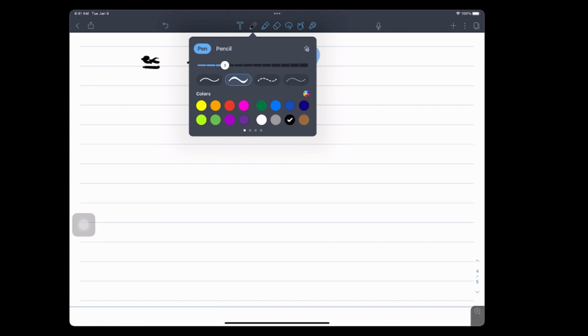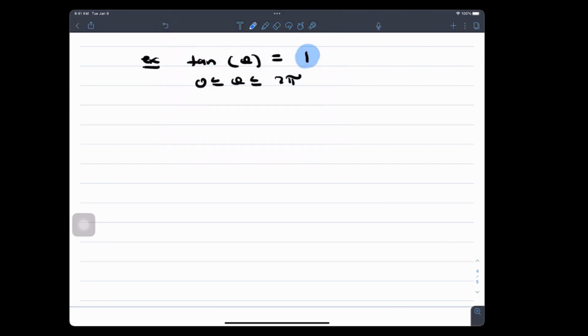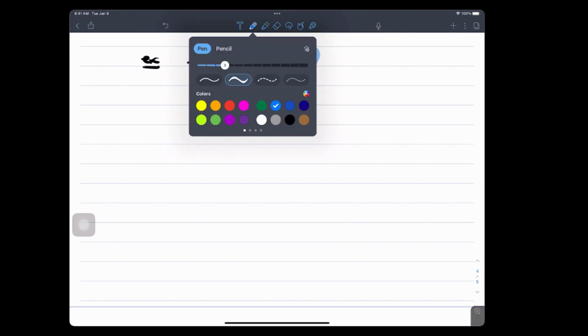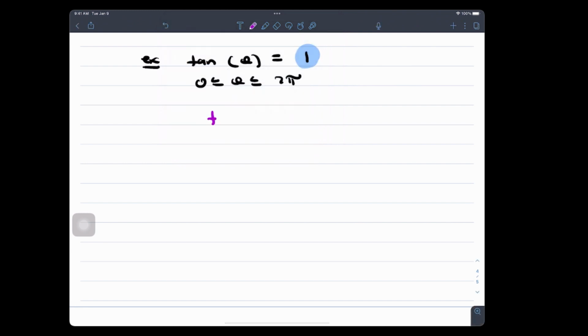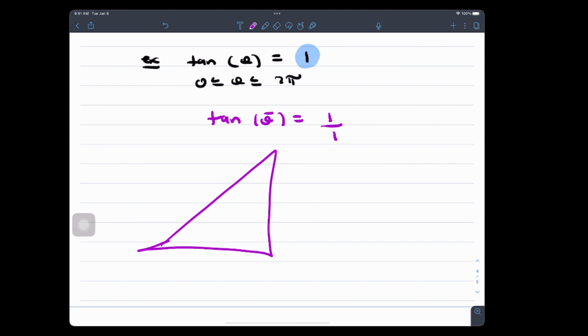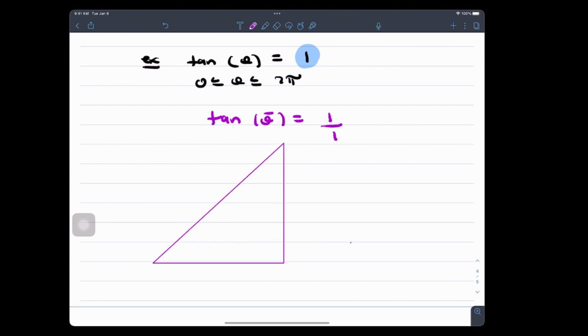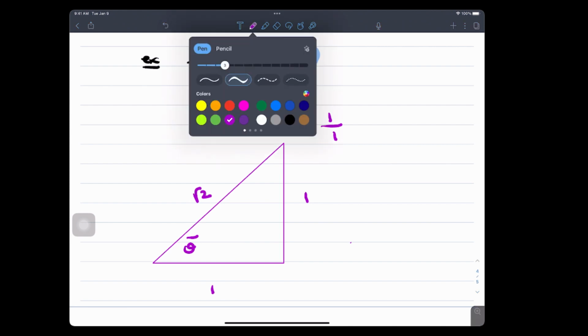So that's good. Because, anybody know why that's a good thing? Because when I say to you, go to your reference angle here, information, 1 over 1. The hypotenuse is the square root of 2. What special triangle is this?